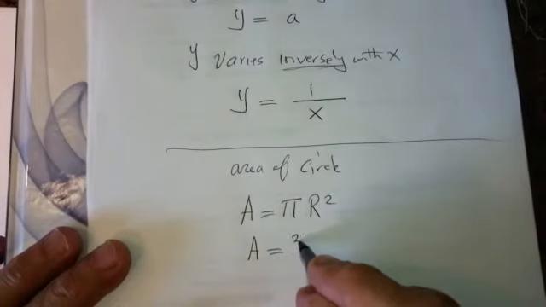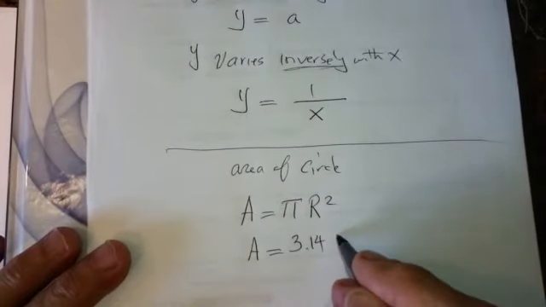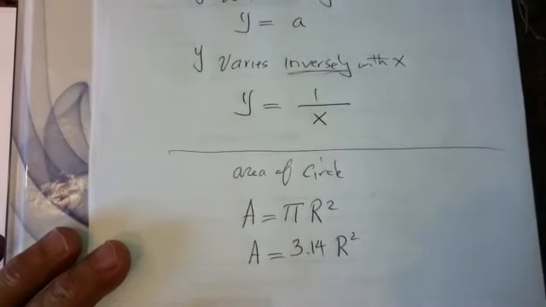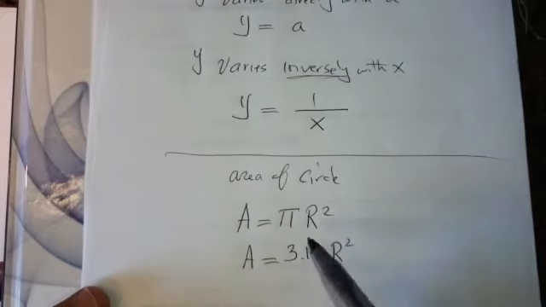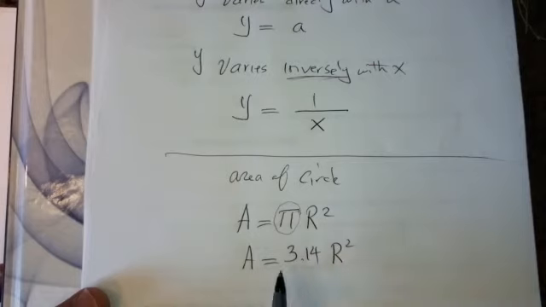Pi is the constant number, 3.14, times radius to the power of 2. Every formula, or most formulas, always have a constant. In this case, it is pi. Pi is the constant number, 3.14 and continuing.